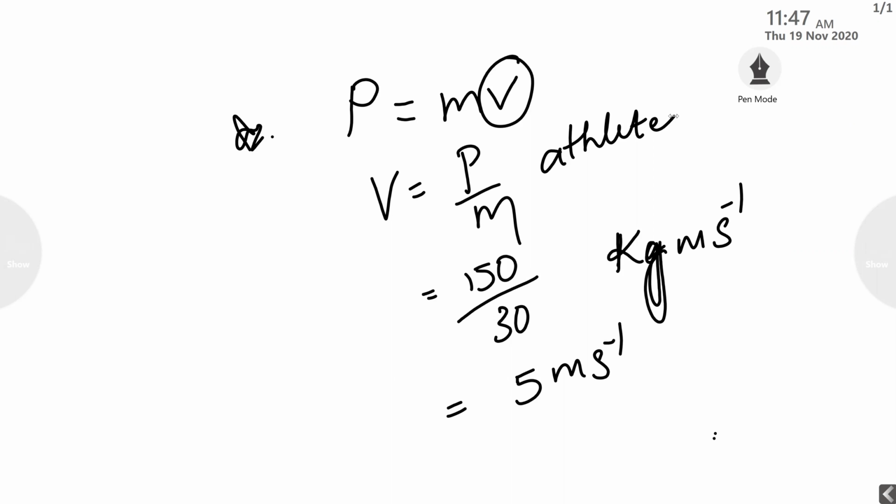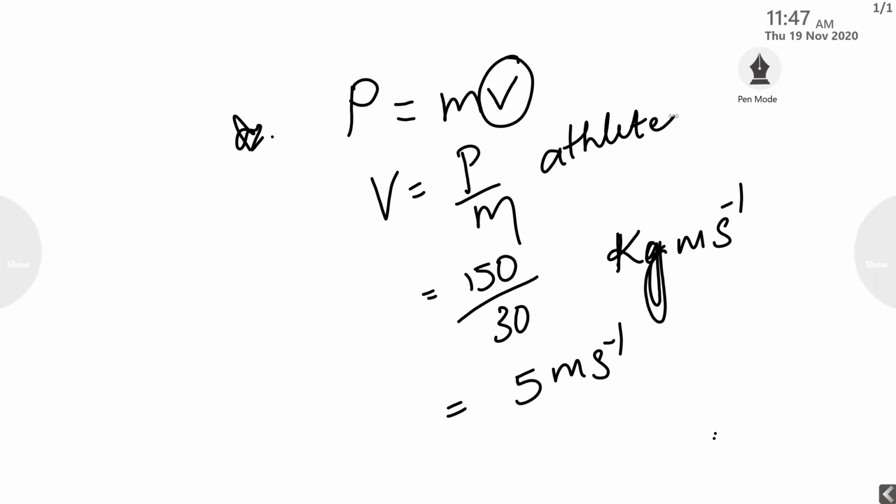Ma'am, an athlete always runs to gain more momentum. Very good. An athlete always runs some distance before taking a jump because he wants to jump higher, and for that he requires momentum. Momentum is nothing but mass into velocity, so in order to gain that velocity he runs.